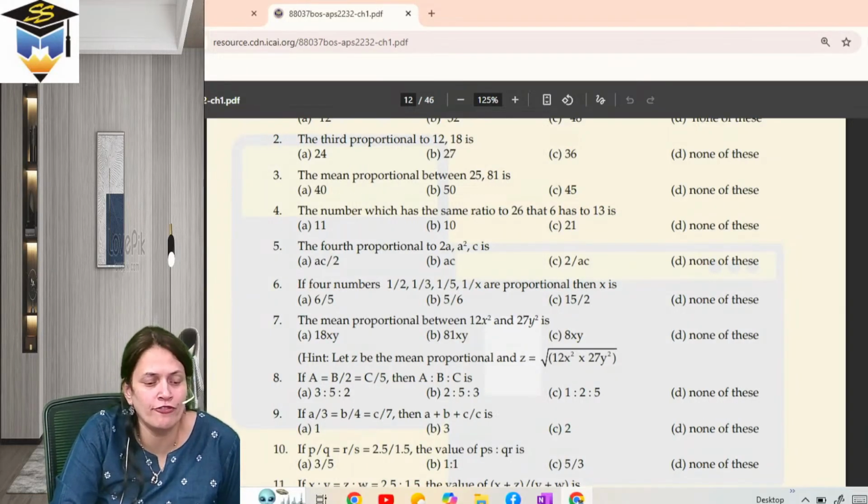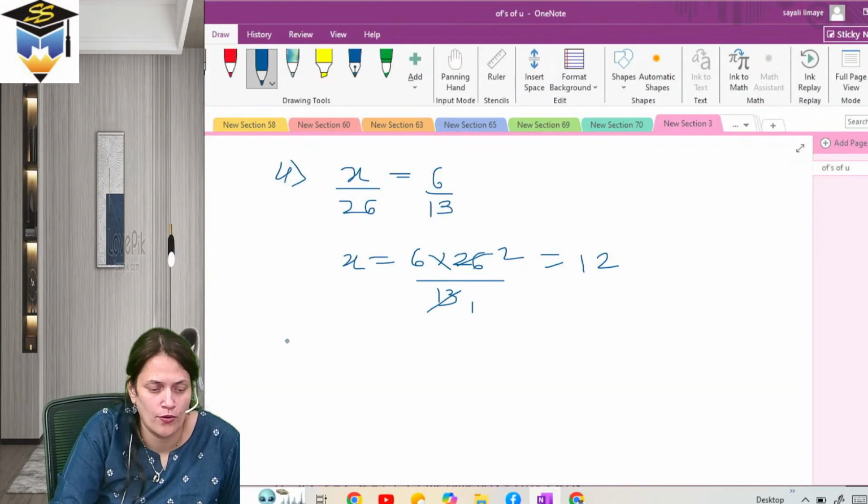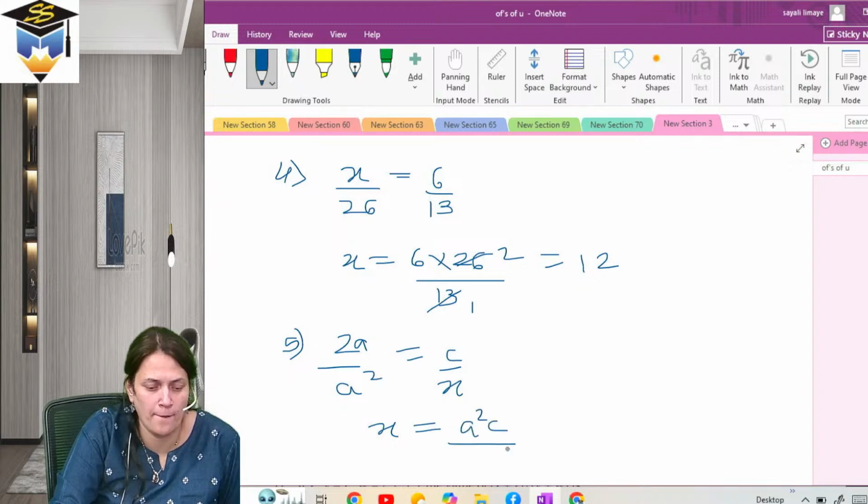Let us move to the fifth. Fourth proportional to 2a, a square and c. So 2a, a square, c upon x. So x can be written as a square c upon 2a. ठीक है?